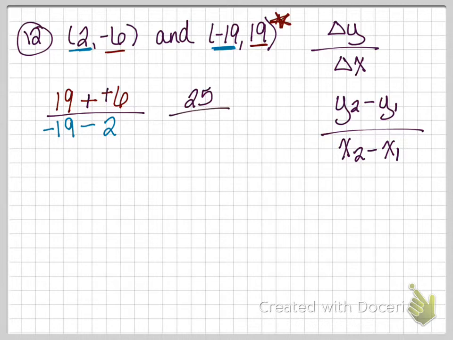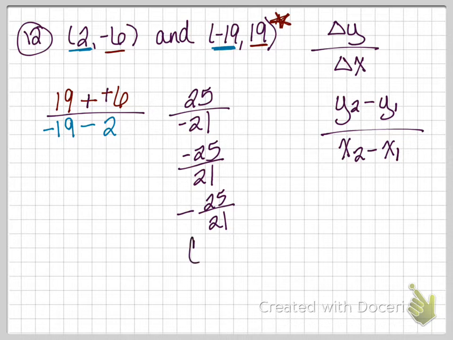What is -19 minus 2? Excellent. -21. So you can write this as 25 over -21. You can write it as -25 over 21. All of those are completely fine.